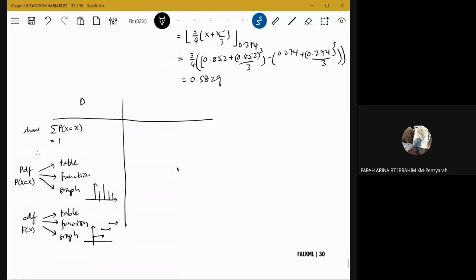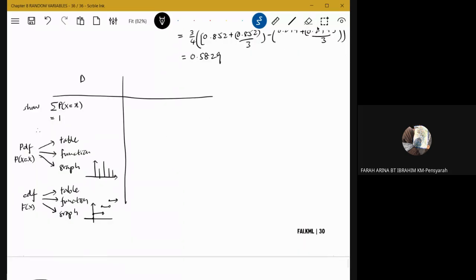Okay, untuk cari expectation, dia akan jadi summation x darab dengan probability masing-masing, dan Ex square pula adalah summation x square darab dengan probability masing-masing.